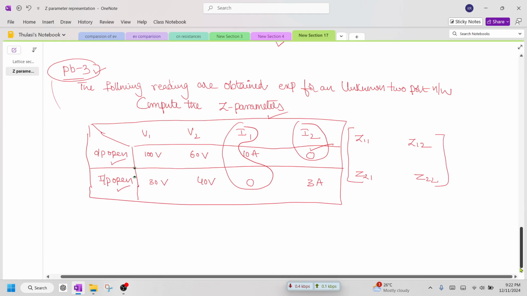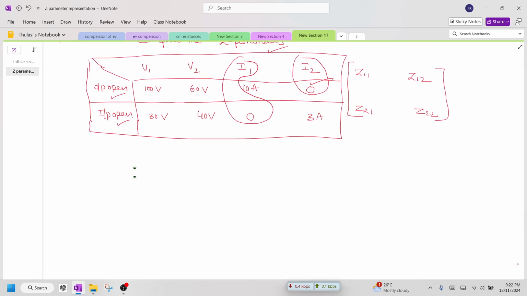So we have the standard Z parameter equations: V1 is equal to Z11 I1 plus Z12 I2 is one equation, and V2 is equal to Z21 I1 plus Z22 I2.